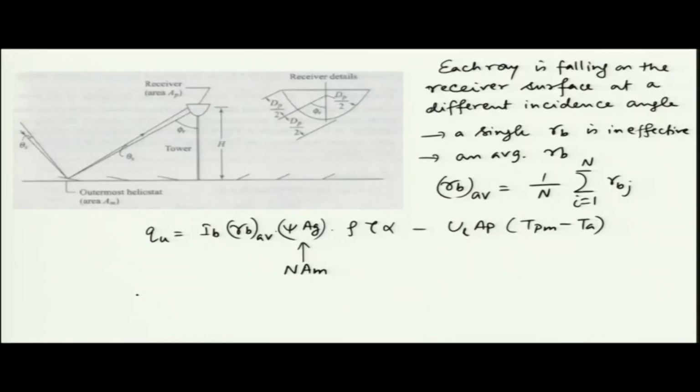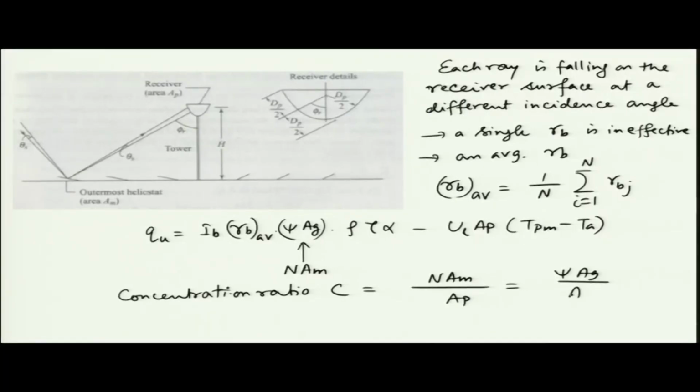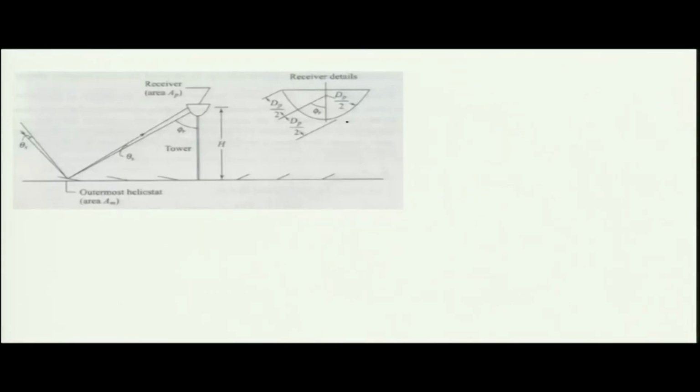Okay. And here I should mention the concentration ratio C is nothing but your total mirror area, that is the effective area of the aperture, divided by the receiver area, or you can write psi AG divided by AP, right.